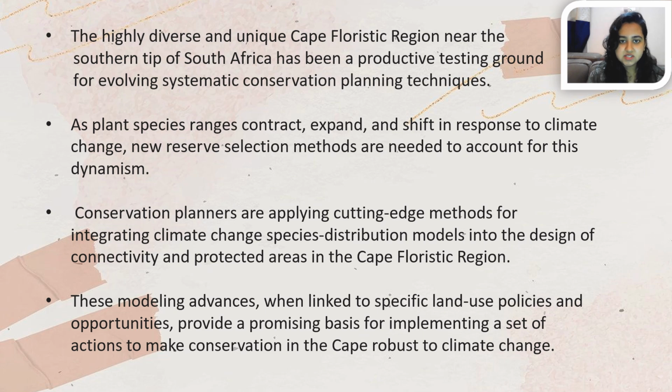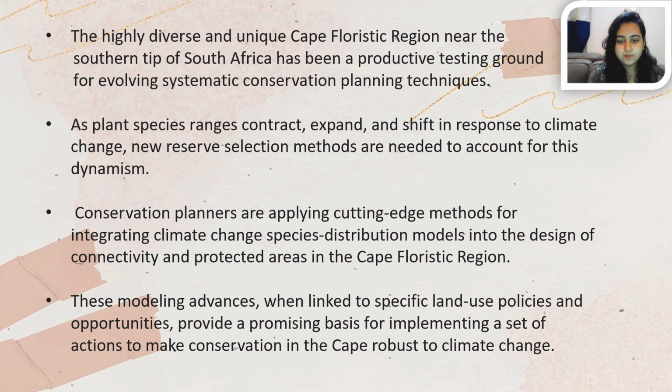The highly diverse and unique Cape Floristic region near the southern tip of South Africa has been a productive testing ground for evolving systematic conservation planning techniques. As plant species ranges contract, expand, and shift in response to climate change, new reserve selection methods are needed to account for this dynamism.